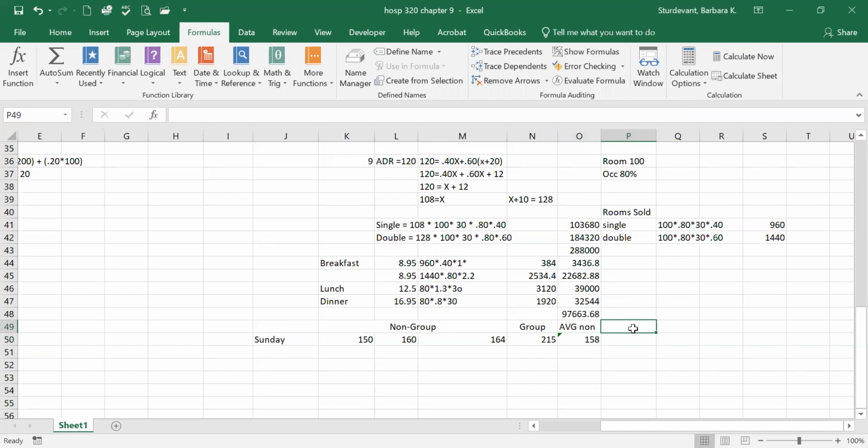So you're combining 2 methods. So now you're going to take this number and you're going to multiply it by 1.02. Okay, and I just kind of, again, round up. So that would be your non-group.